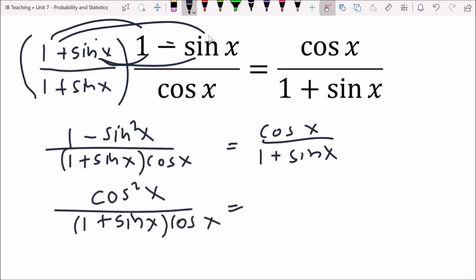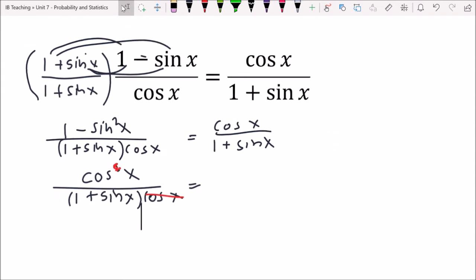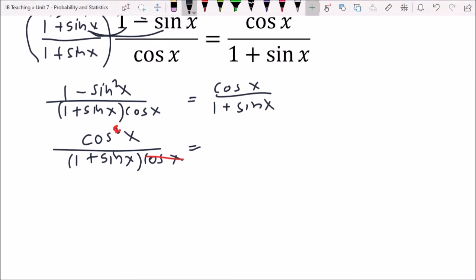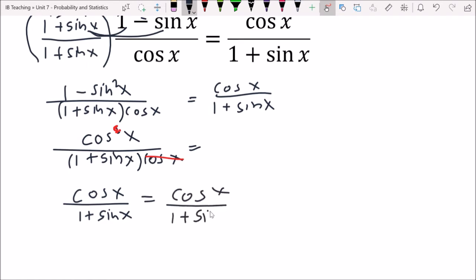I've got a cosine squared on top and a cosine on bottom, so I can cancel one of these with one of these, and all of a sudden this question is complete, because the left side now matches the right side. So let's write in our answer: cosine x over 1 plus sine x equals cosine x over 1 plus sine x.